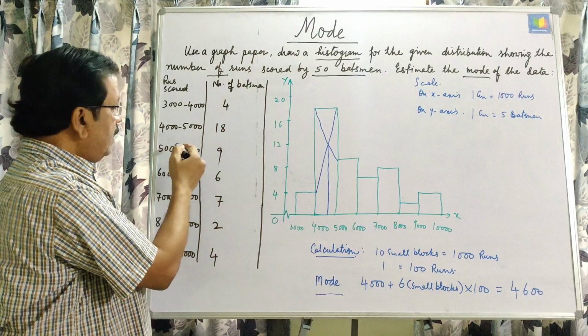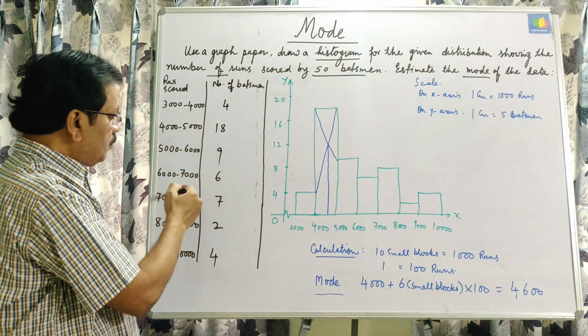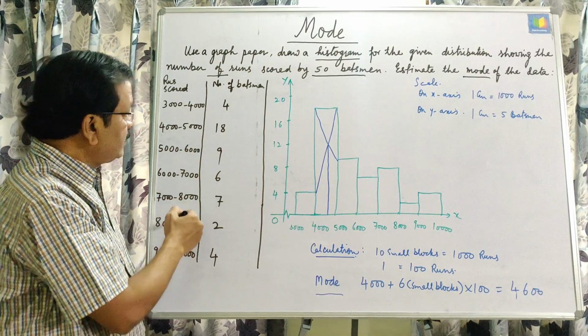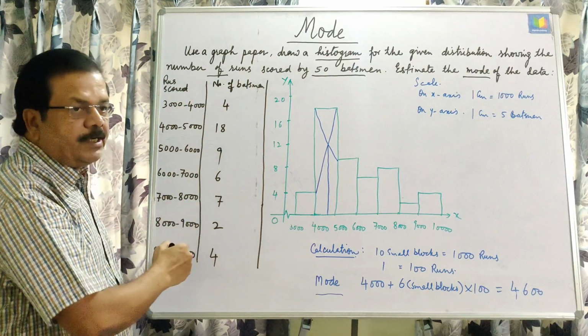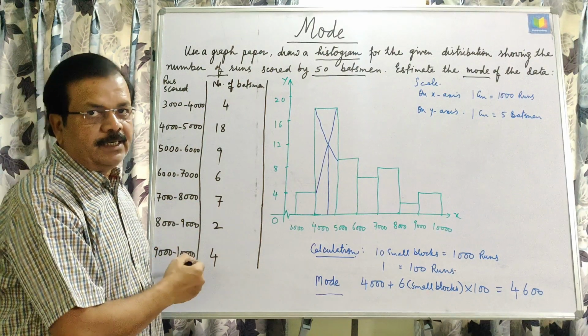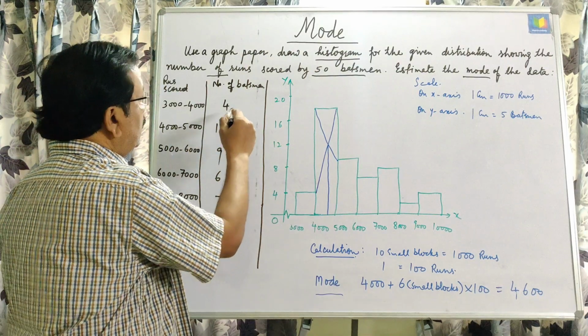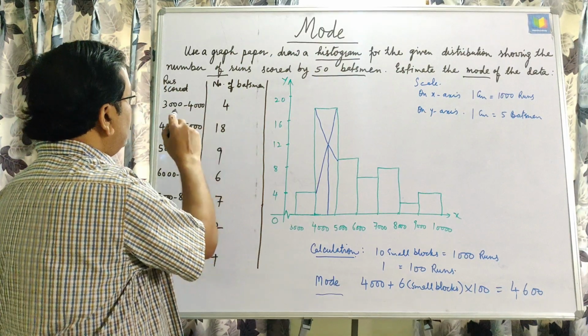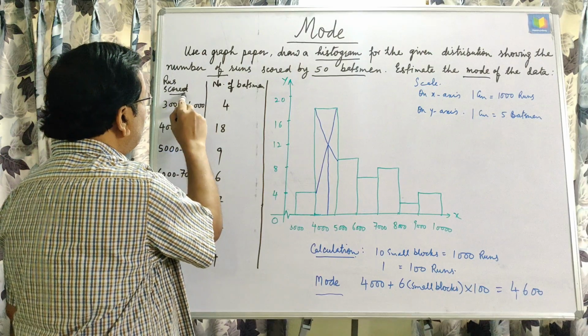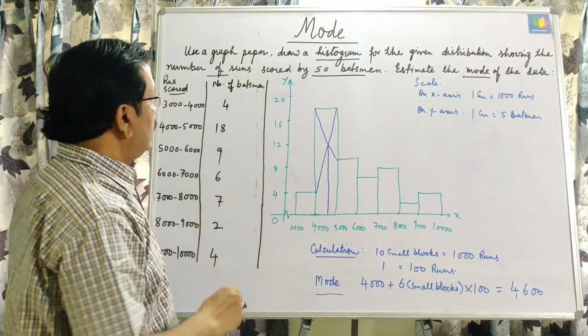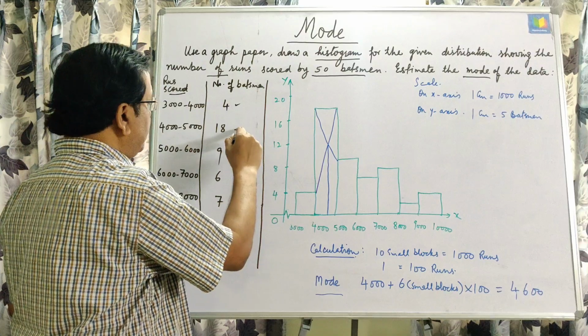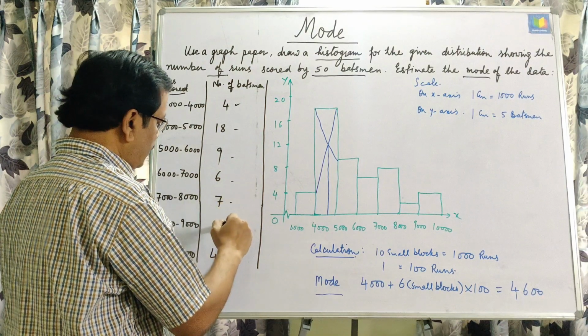In the same way, here the upper limit coincides with the lower limit of the next, and it means this is continuous. Okay, so there is no need to make it continuous in this question. Now this is the frequency, meaning in this range of runs scored, 4 batsmen, 18, 9, 6, 7, 2 and 4.